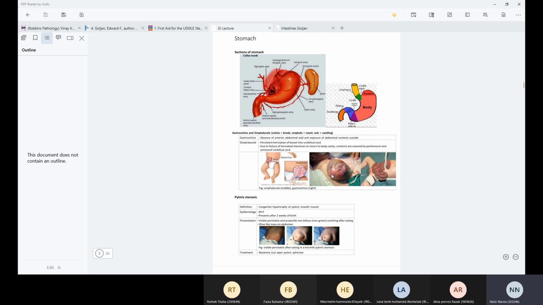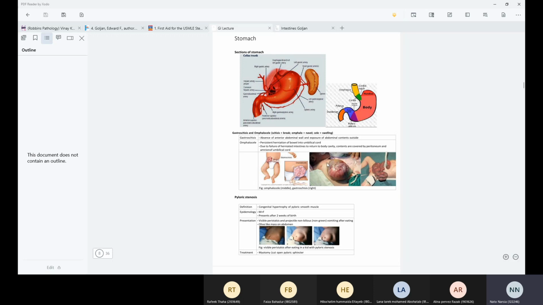Omphalocele is the milder condition compared to gastroschisis. With surgery, the child can survive, but unlike this, gastroschisis usually is impossible to operate on, because there is absence of the abdominal wall. Omphalocele is persistent herniation of bowel into the umbilical cord.